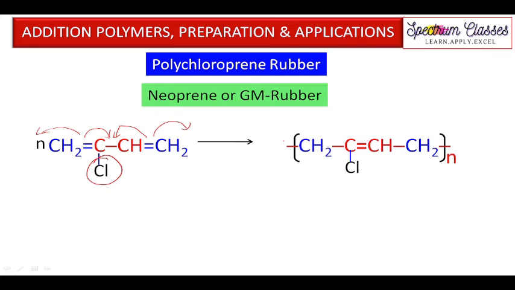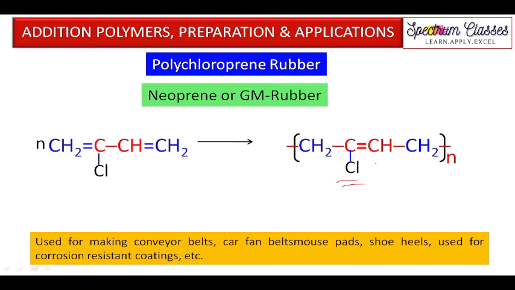So here you can see this is extension, and this is the formation of a new double bond. And here is the chlorine. This polymer is known as neoprene or GR-M rubber. This neoprene is used for making conveyor belts, car fan belts, mouse pads, shoe heels, and corrosion resistance coatings, etc.